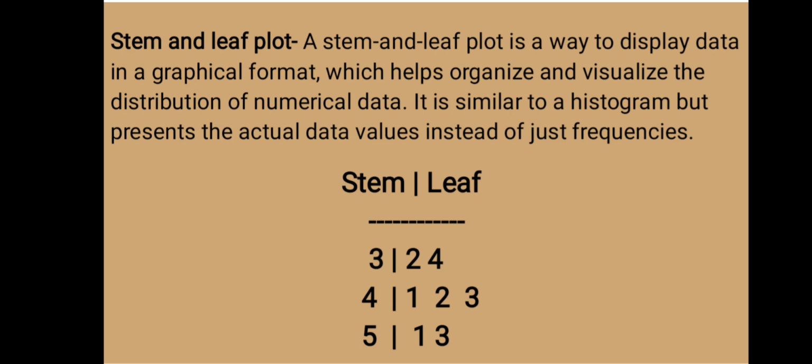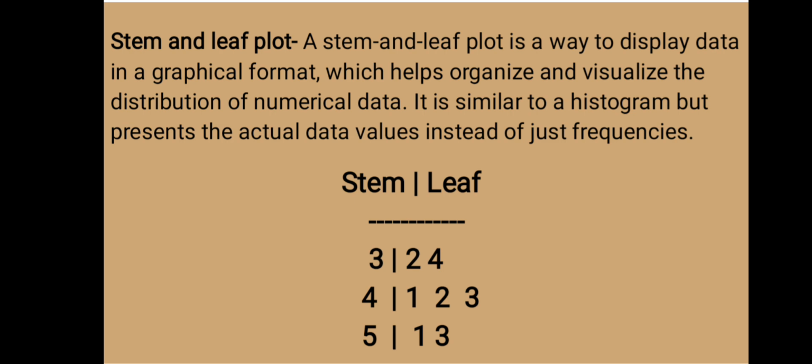So, the stems are the big parts of the numbers, usually representing the tens place. For example, if you have the number 42, the stem is 4, since 40 is the main part of the number. And the leaves are the small parts of the numbers, usually representing the ones place. So in the number 42, the leaf is 2.